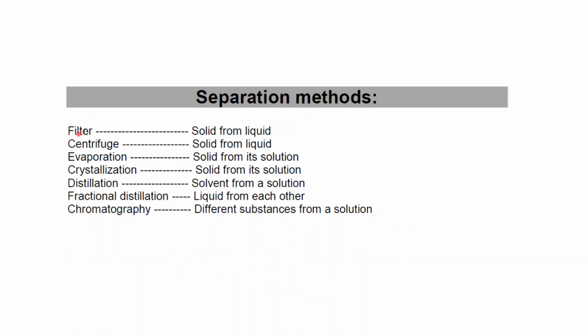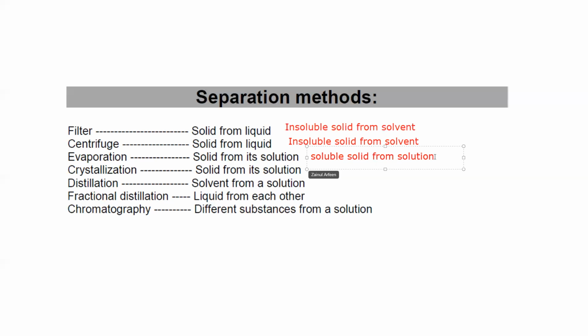Filtration is normally used for insoluble solids. Centrifuging is used to separate an insoluble solid from the solvent. And if we want to separate a soluble solid from solution, because when solute mixes with solvent it makes a solution, we can use evaporation.